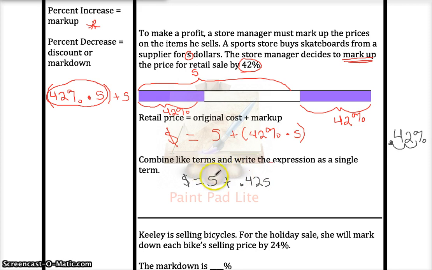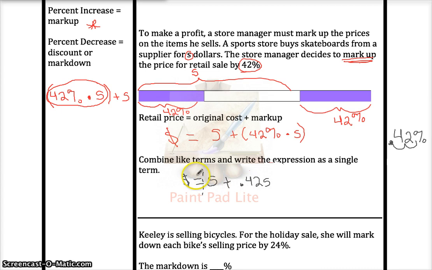Well, remember that before, if I just have a variable by itself, it's like there's an invisible 1 here. I usually try to dash it so I remember that there's a 1 right here. So I've got 1S, because 1 skateboard plus 0.42, remember this was the percentage of the skateboard, or 0.42S, is going to equal the price that I pay.